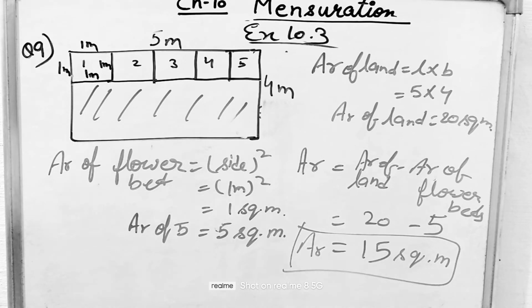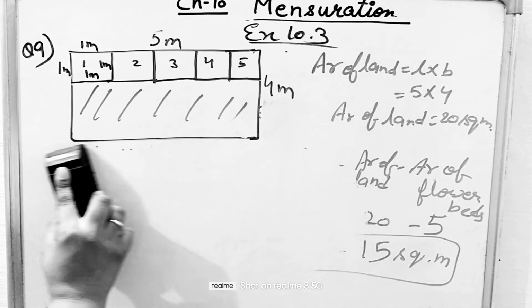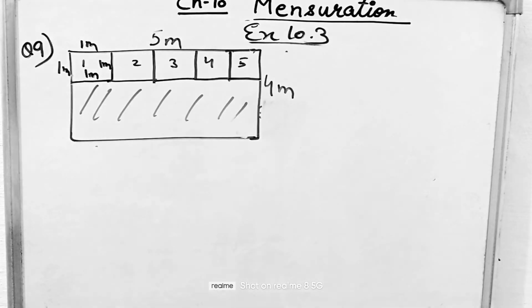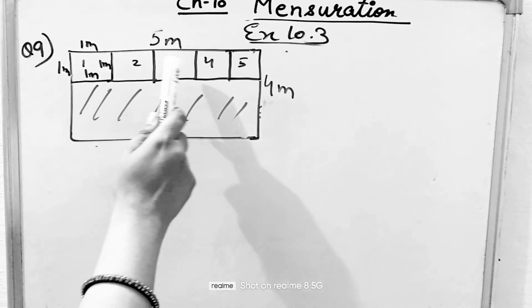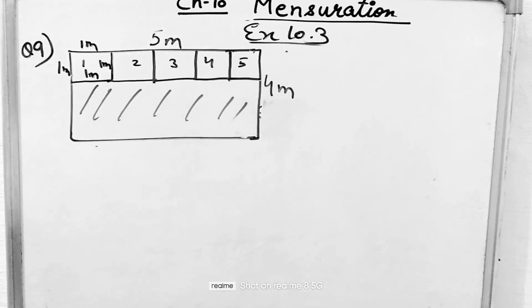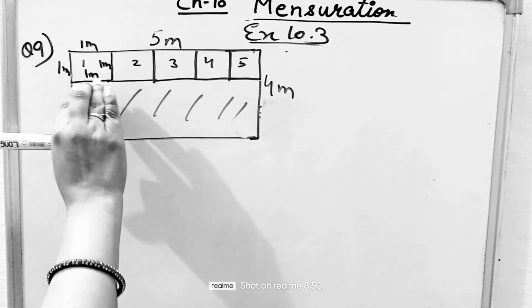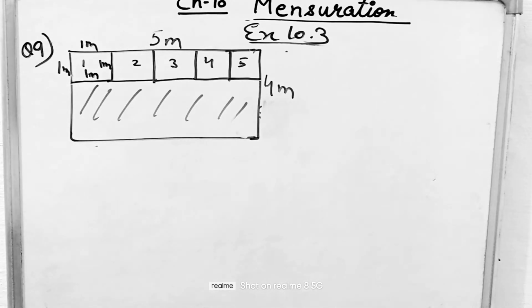In the second method, what can you do? You simply know that these flower beds are dug along the length of the land piece. So the length remains the same but the width decreases.